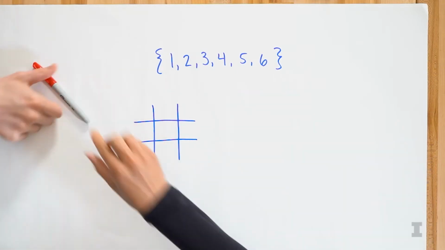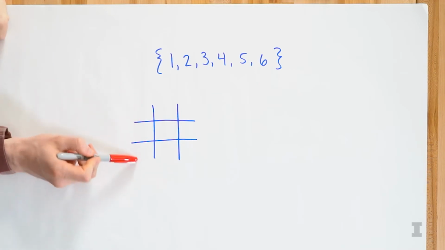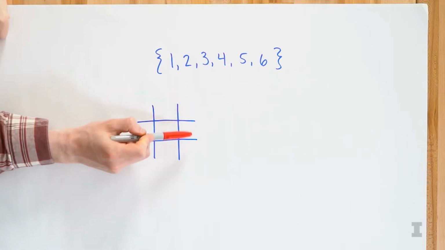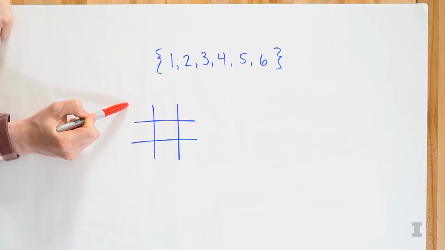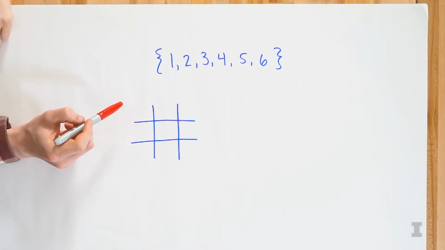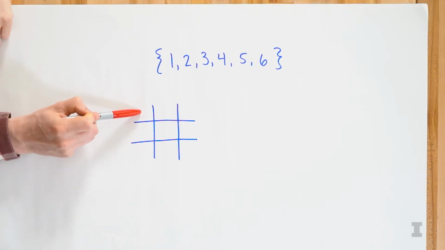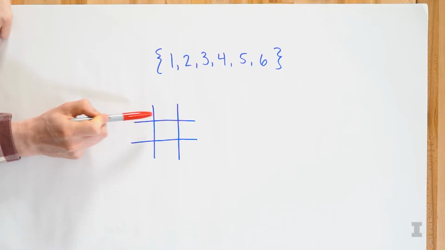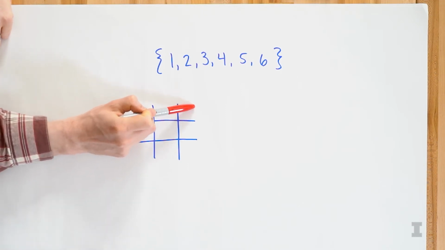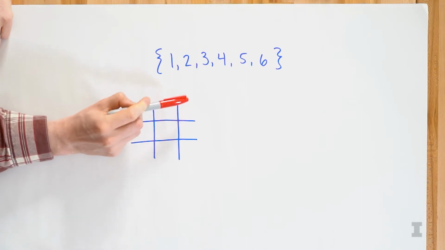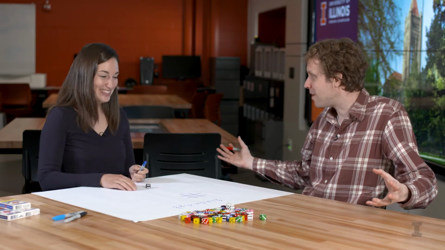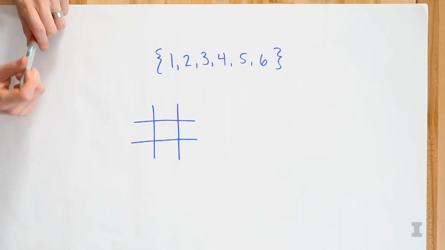So the sample space is going to be every single possible combination of X's, O's, and blank spaces in this entire board. So there's a whole lot of different possibilities because there's 3 different possibilities for just this square, 3 different possibilities for this square, 3 different possibilities for this square, and a huge number of possible combinations. And then we need all those combinations.